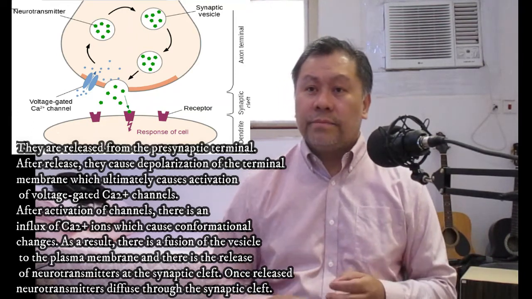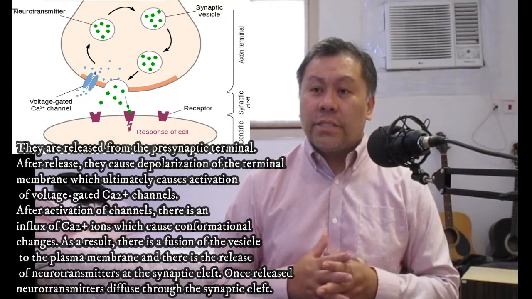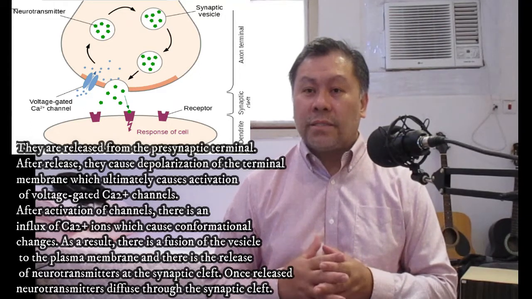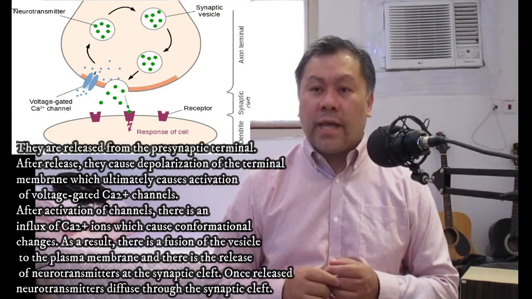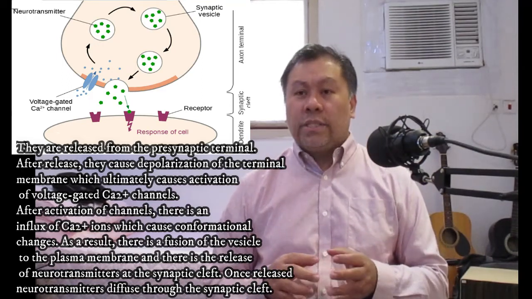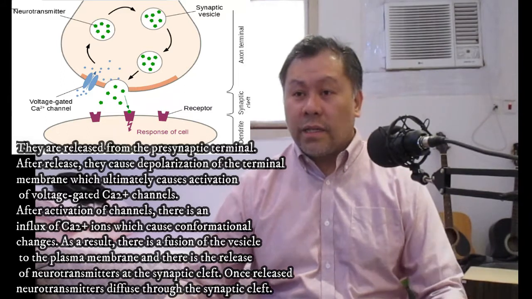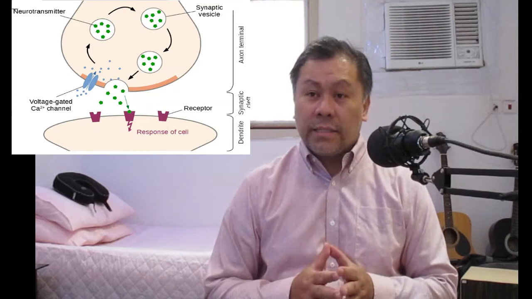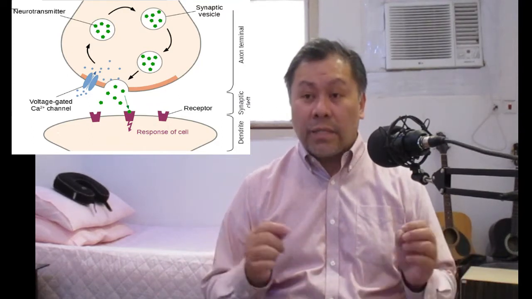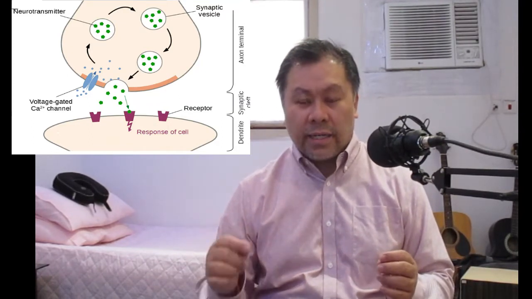Once released, the neurotransmitters diffuse through the synaptic cleft. Here, we call that the action potential, which is created at the axon hillock, and as a result, the neurotransmitter is released, which will send a message to its target.